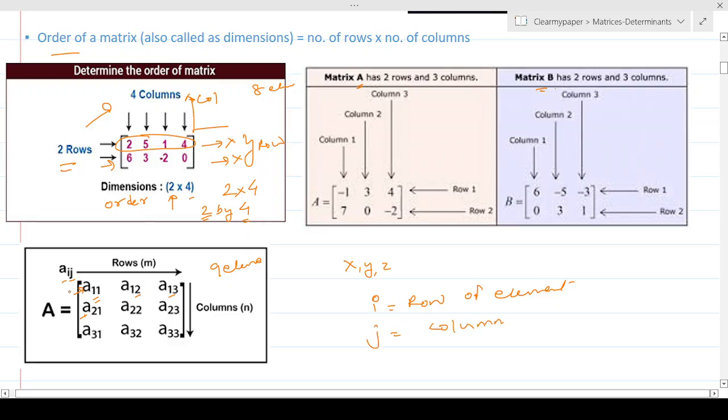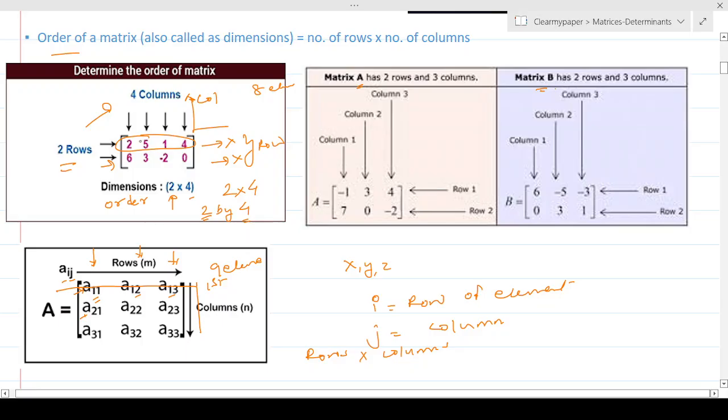If you see all of this over here is the first row. That's the reason the first subscript is always 1, 1, 1. But the second subscript is the column. So this is the first column, this the second column, and this the third column, and so on. Anything in the y-axis you can count as columns, anything in the x-axis is rows, and you always write the rows first and then the columns. That's how the matrix notation is.